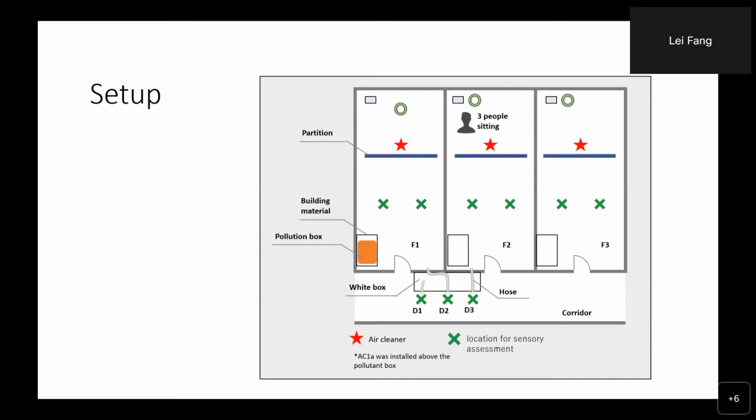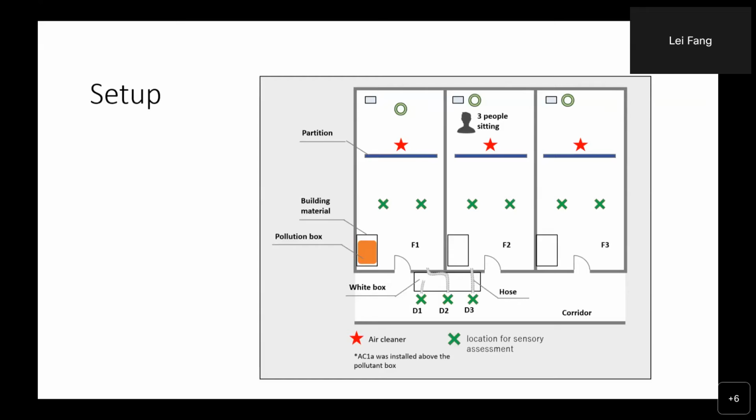And one of the room is polluted by building material, and this was loaded in a special cabinet, and we have a ventilation to take the air went through this material and to carry the pollutants out from the material, and then they were distributed into the room with two fans, so it's well mixed in the room air.